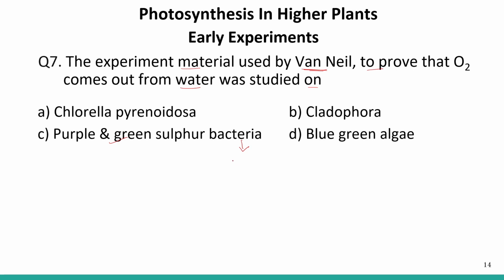He showed that oxygen is released by splitting of water and not carbon dioxide. So oxygen is released, or you can say the source of oxygen is water, and not carbon dioxide.